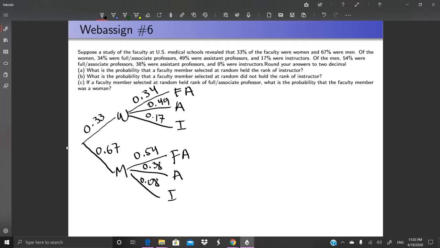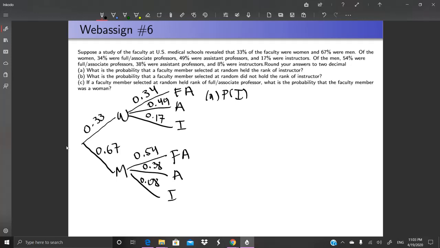All right, so let's answer the questions. Part A: we want to find the probability that a faculty member selected at random held the rank of instructor. So you want to find the probability of I, since we're using I for the event that the person is an instructor.